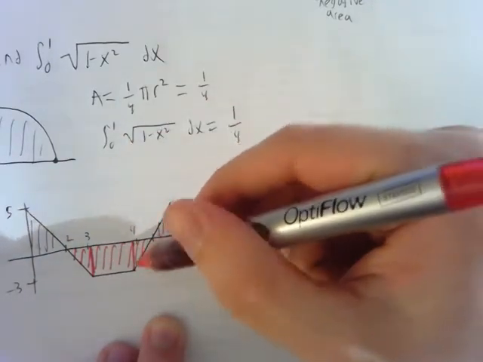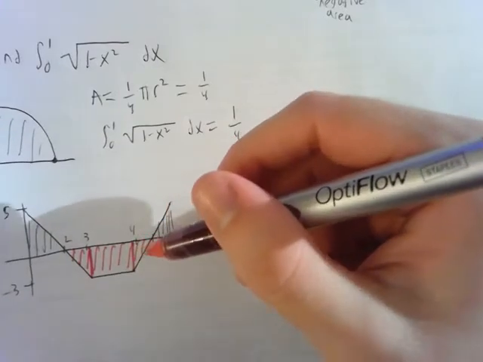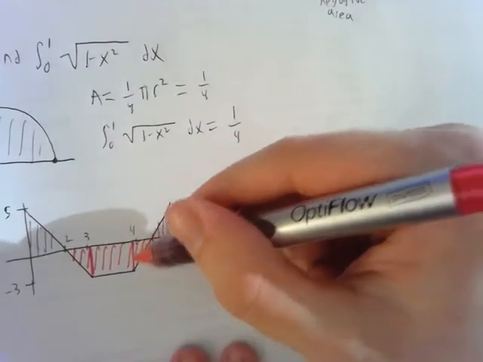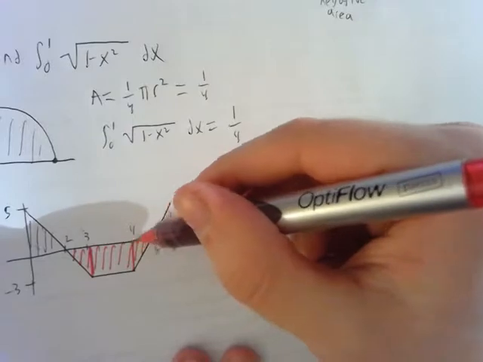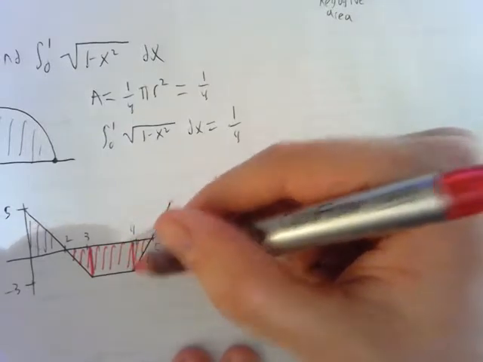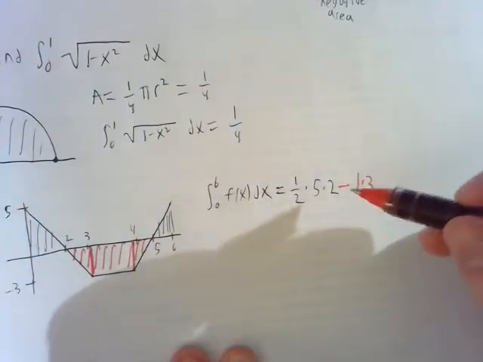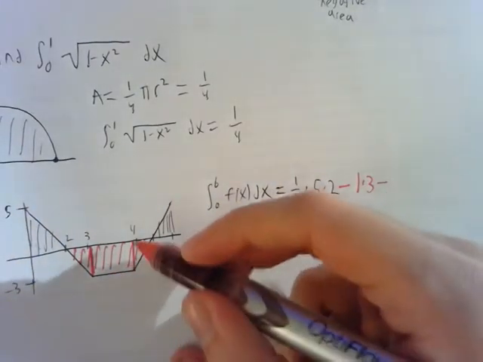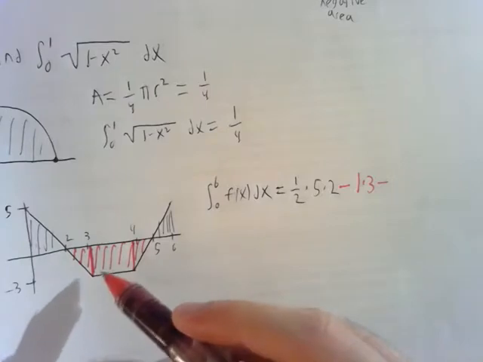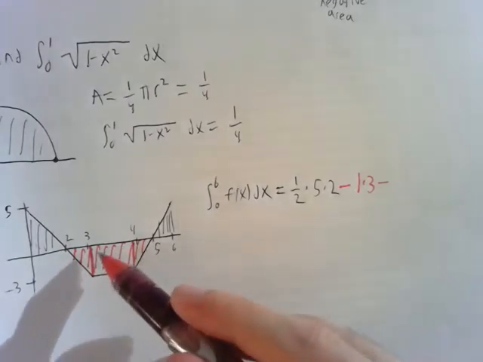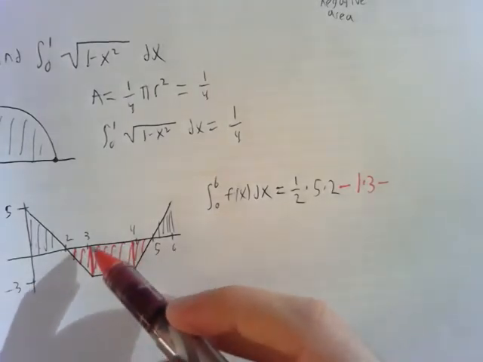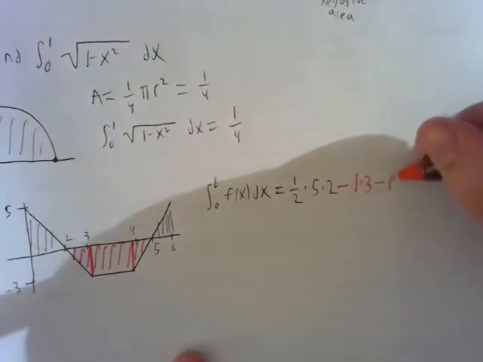We've got these 2 triangles, which each give an area of 1/2 base times height. But since the triangles have the same dimensions, there's 2 of them, that means the 1/2 will go away. We just have base times height. The base is 1, the height is 3. So we have 1 times 3, and a minus sign because it's area below the x-axis. Then we also have the area of this rectangle here, which is 1 times 3 again.